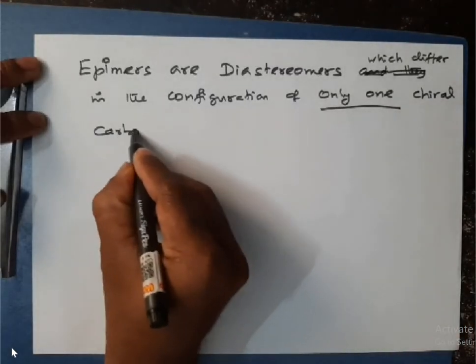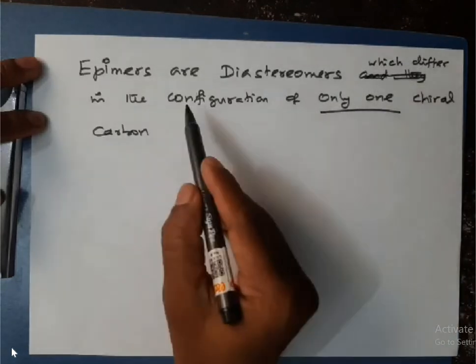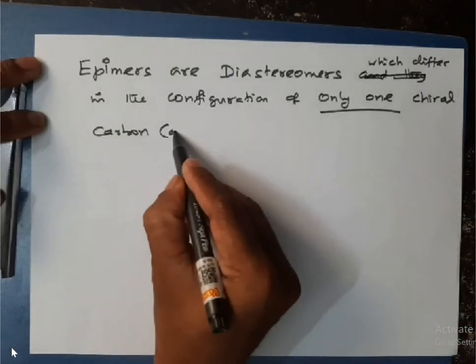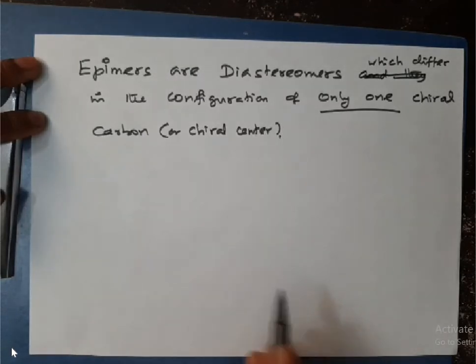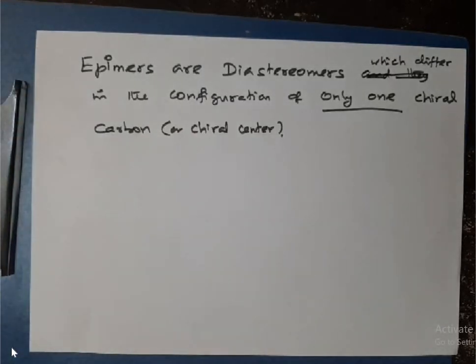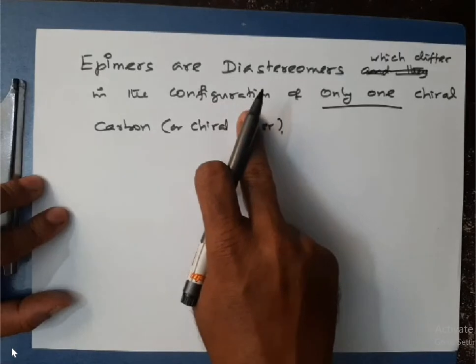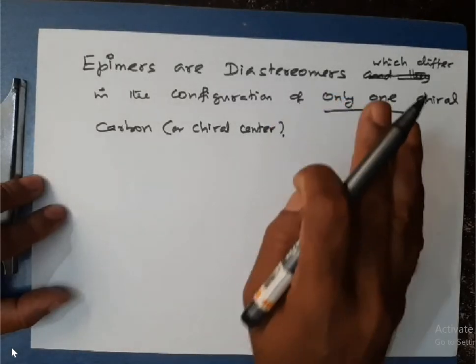Let me write it like this: epimers are diastereomers which differ in the configuration of only one chiral carbon or chiral center. Okay, this is the definition of epimers. Diastereo means they do not have an object and mirror image relationship.